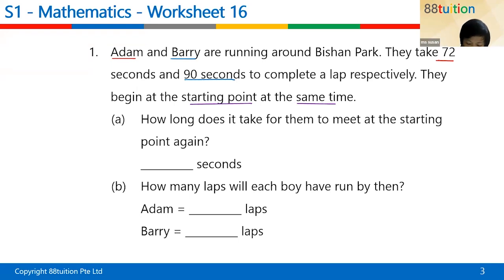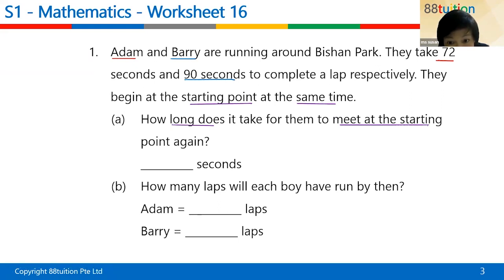So the question says, how long do they take for them to meet again at the start point? From here, you'll be able to tell what they are testing you.